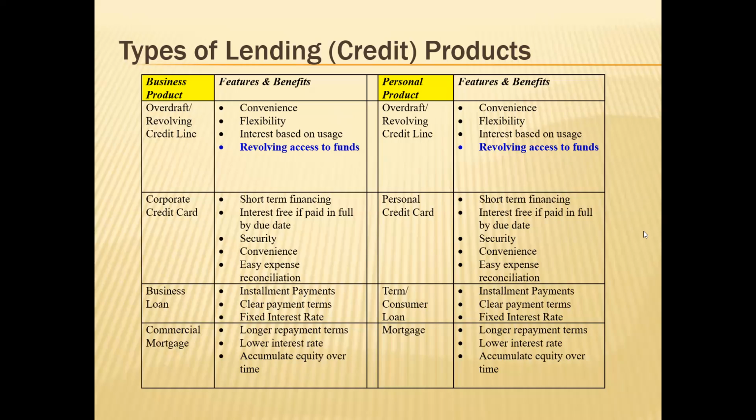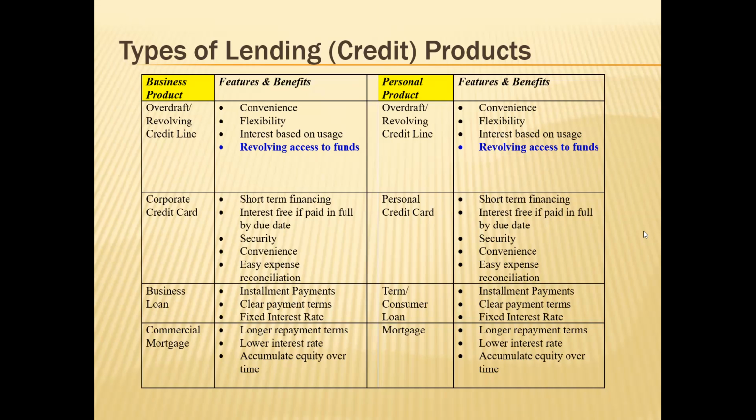So, types of lending or credit products. We have the business product, the features and benefits. Then we have the individual, the features and benefits, and we'll be able to compare the two. The first one that we have listed as available to the business is an overdraft or a revolving line of credit.